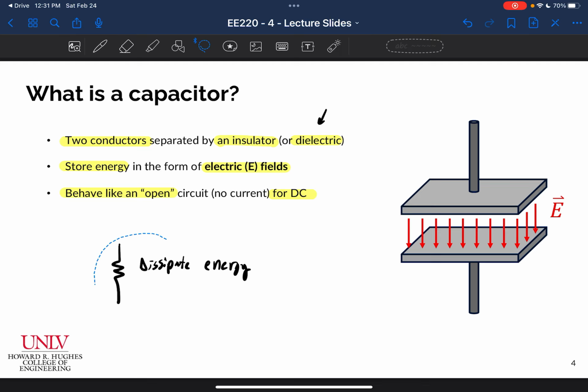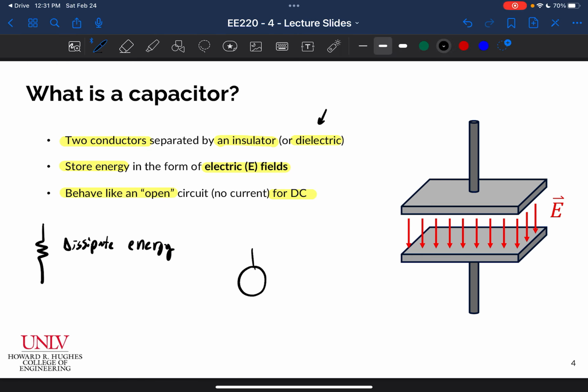So let me move this out of the way. If I draw a DC circuit here with a voltage source, let's say a 9-volt source, and then I put a capacitor right here in series, in my circuit I would have 9 volts here and 0 volts here, so the voltage across my capacitor would be 9 volts. If this was a resistor, we know that we could use Ohm's law to determine the current flowing in the circuit.